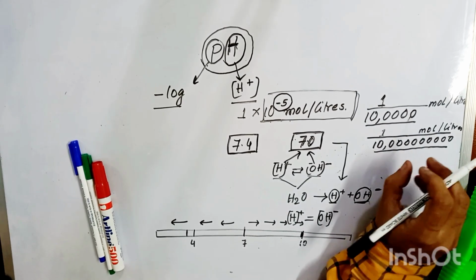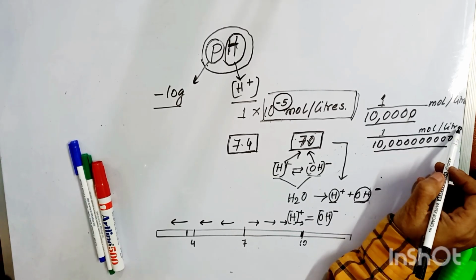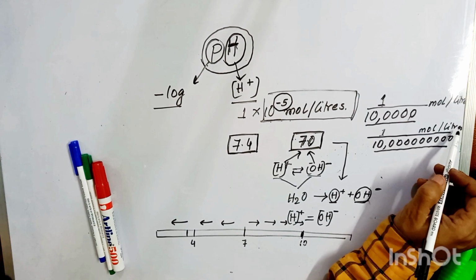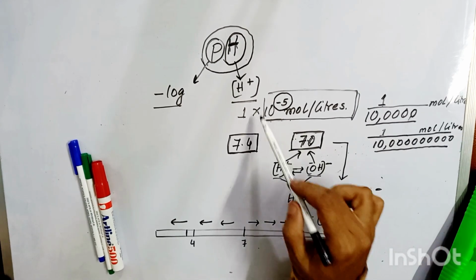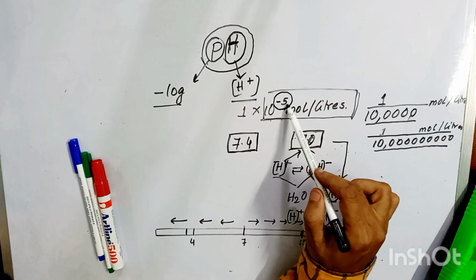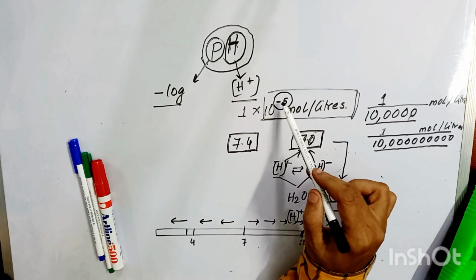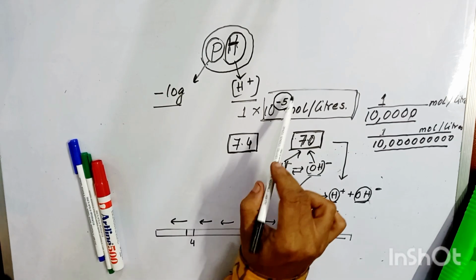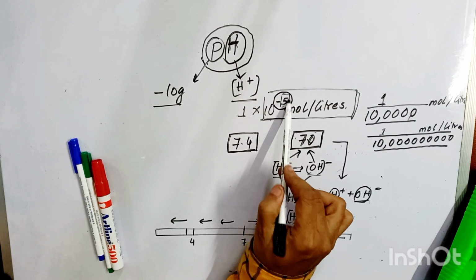It's a very small amount present in 1 liter of a solution. So this is the hydrogen ion concentration, and this number, this 5, only reflects the pH scale.